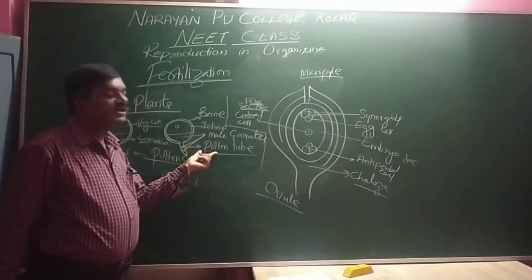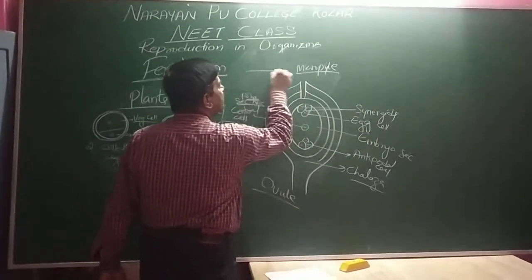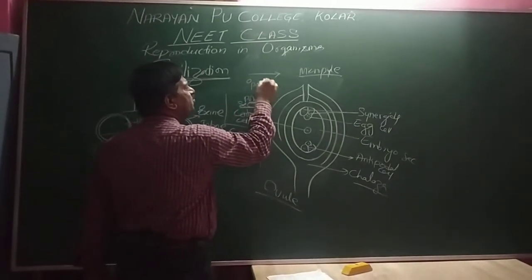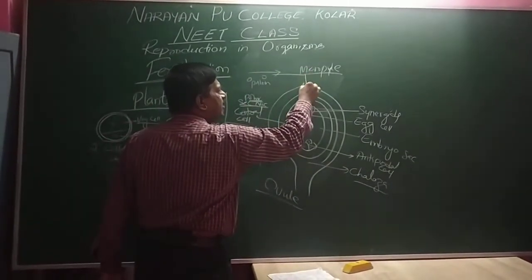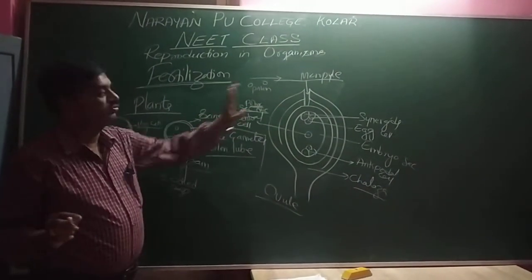Once the pollen grain is thrown out, it is carried by the wind or by one of the agents and reaches the ovule.